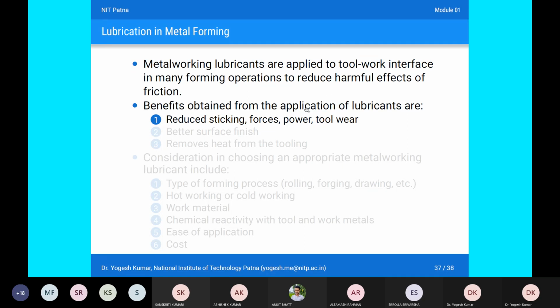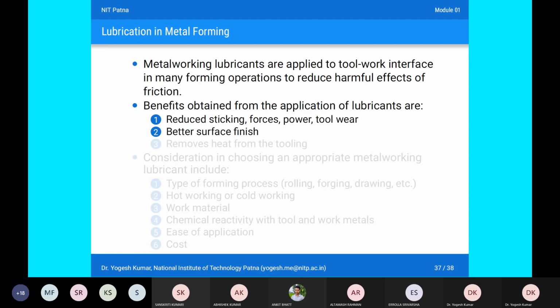Then your power requirement will also be reduced, and since there are reduced forces, the tool wear will also be reduced. Due to lubrication, you get better surface quality, or better surface finish.